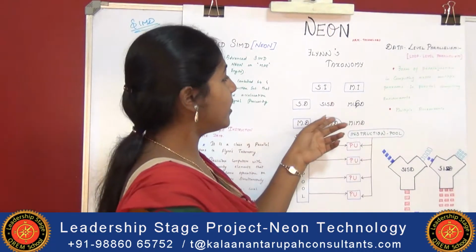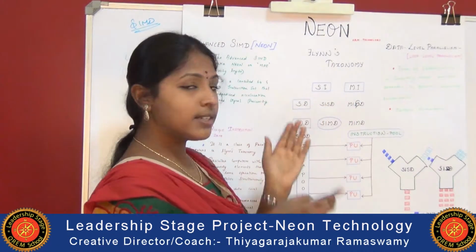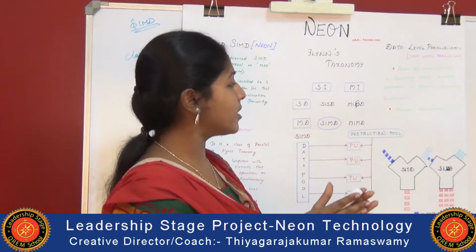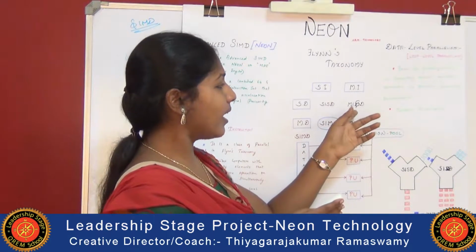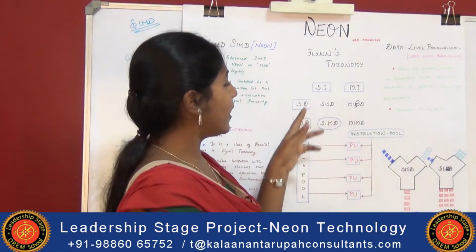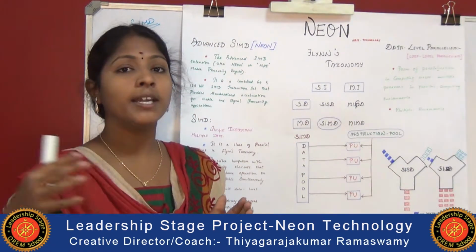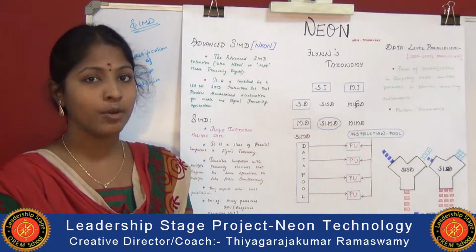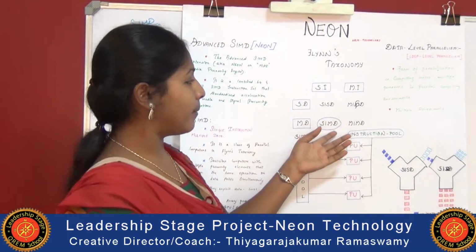In MISD, multiple instructions act on a single data to perform multiple operations. Another one is SIMD. Using a single instruction, multiple data can be accessed to perform the same operation at a time. That is SIMD.